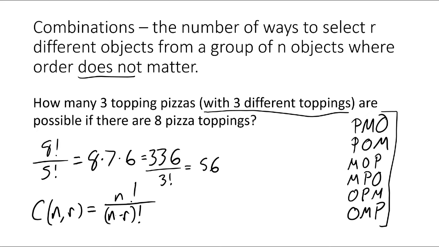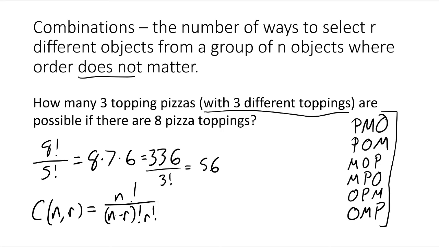And the number of objects that we're selecting is r. So we'd also divide out an r factorial to say we really don't care how those 3, in this case, 3 pizza toppings, we don't care how those are arranged. We just want to know the number of different selections of those 3 toppings, regardless of what order they're chosen in. So that is our combination formula.